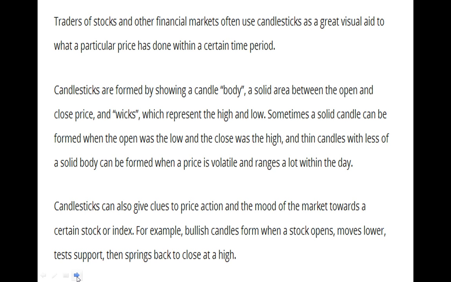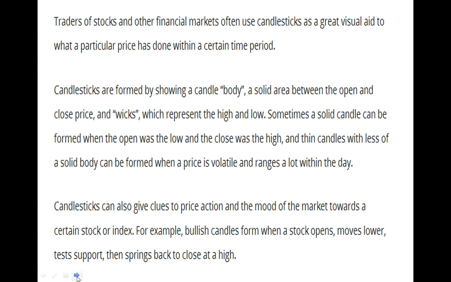At times some candles may be so solid that they don't have wicks, which means their open can be the low or high, and their close can be the low or the high.